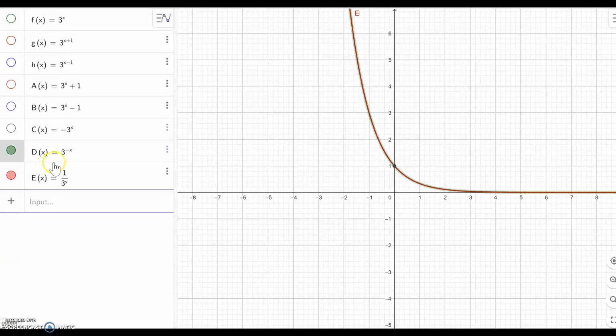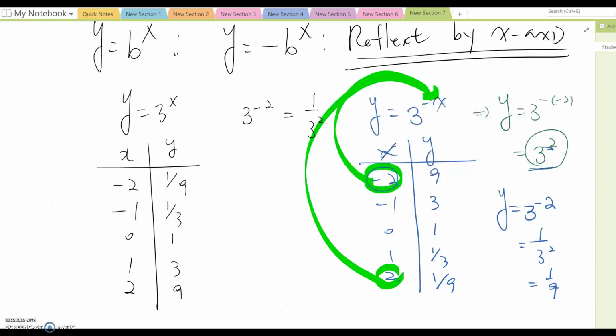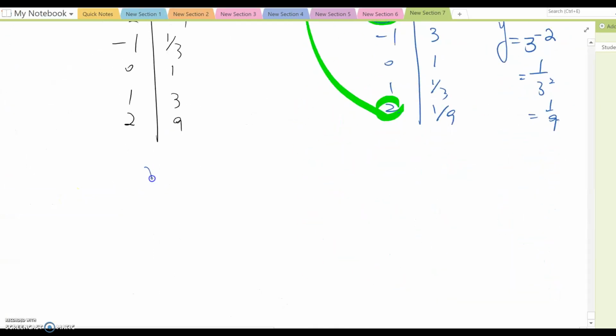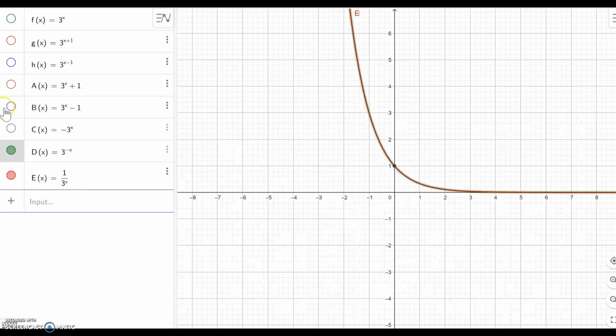Which means 3 to the negative x power is the same as we can write 1 over 3 to the x power. And it makes sense actually. Whenever we have the property a to the negative n becomes 1 over a to the n here, right? Therefore, they have exactly the same meaning.